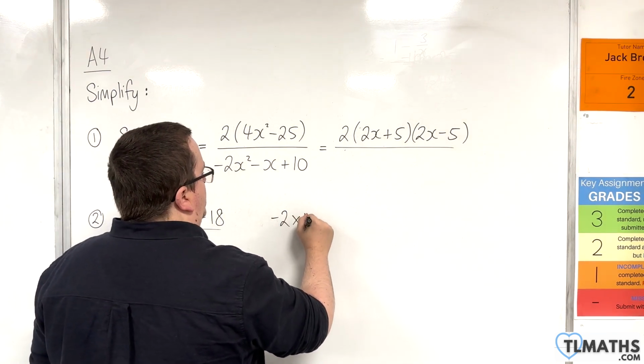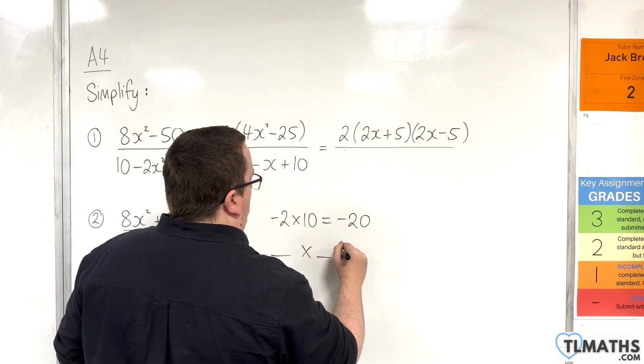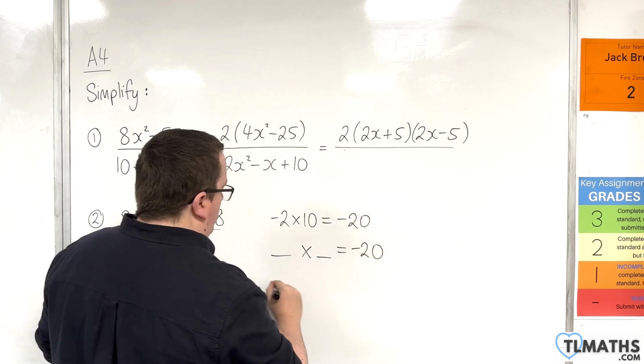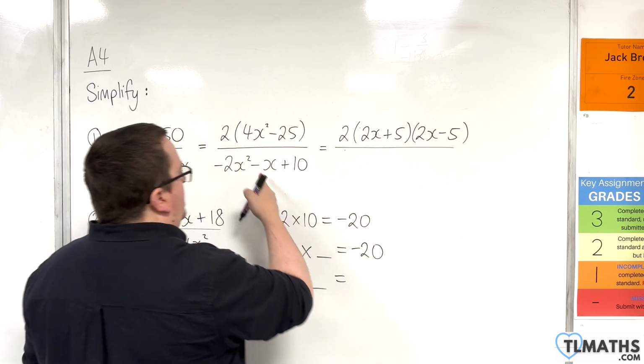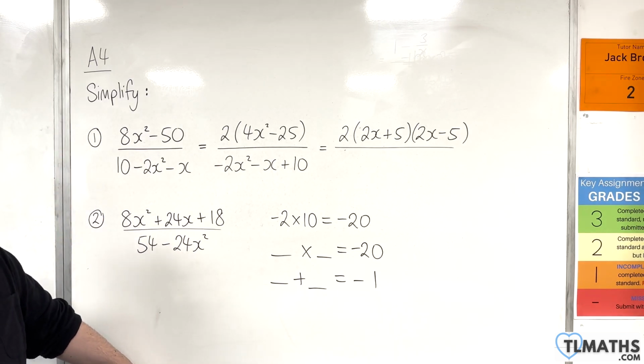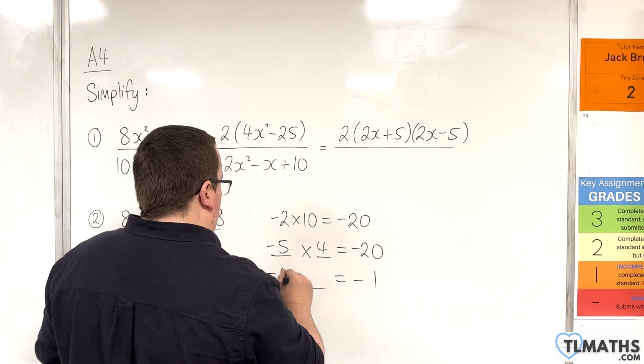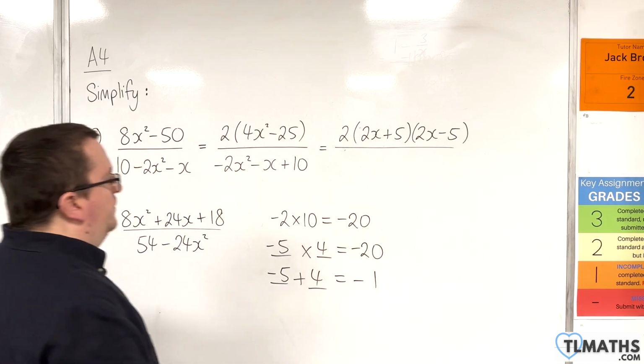So minus 2 times 10 is minus 20. So we're looking for two numbers that multiply together make minus 20, but add together to make minus 1. Okay, so 4 and 5, minus 5 and 4, that works out.